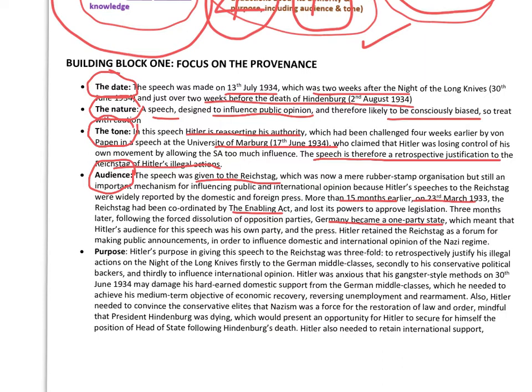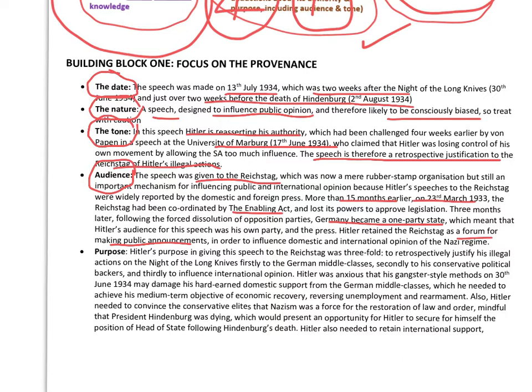So theoretically, why did Hitler even bother speaking to the Reichstag? It was just a bunch of yes men who were going to nod and agree to everything he says. It had no legal authority, no right to approve anything. Hitler made the laws by himself. But Hitler retained the Reichstag because it was a forum for making public announcements.